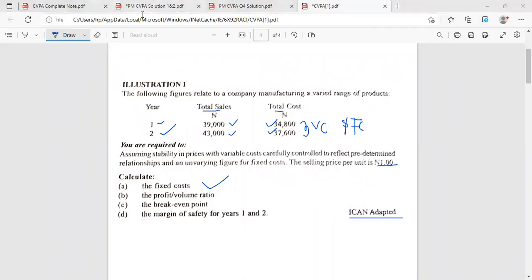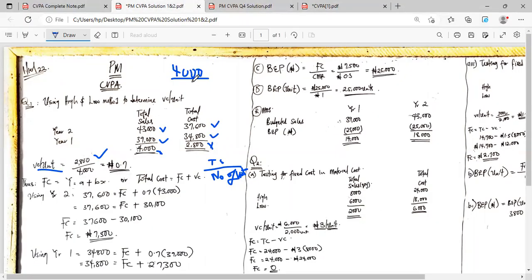If I sold 4,000 naira, and the question told me the selling price per unit is 1 naira, it means that I sold 4,000 units. Does that make sense? Yes, sir. Good. That is why I got my 4,000 here.